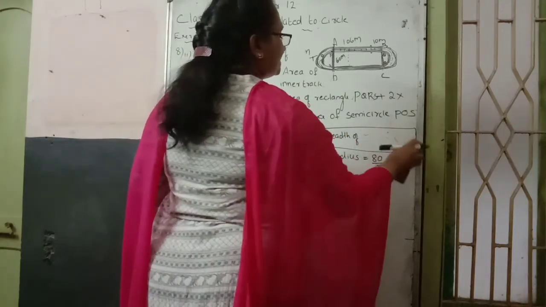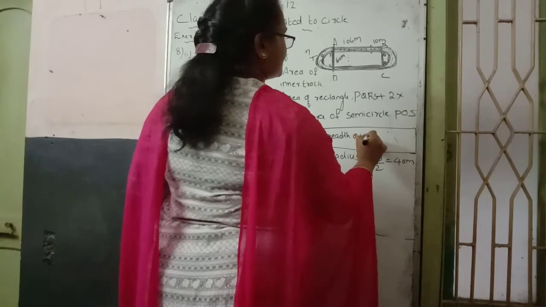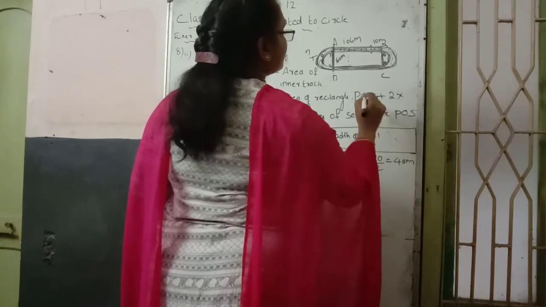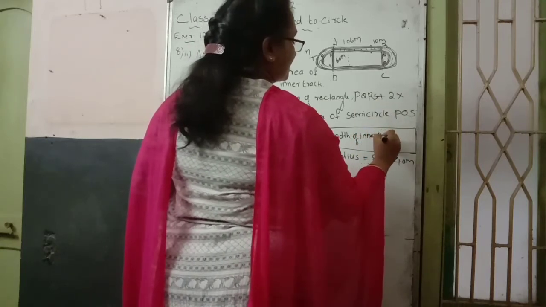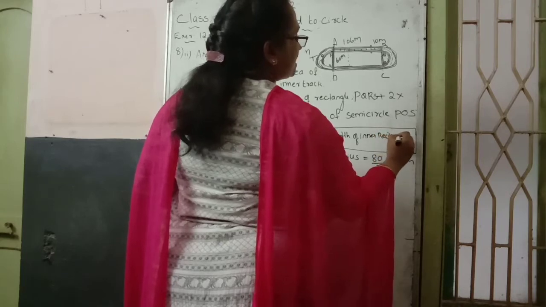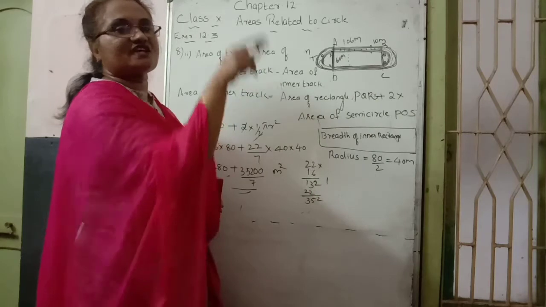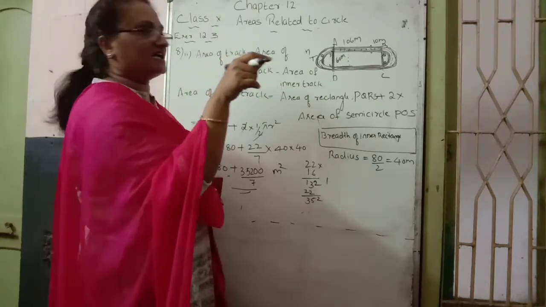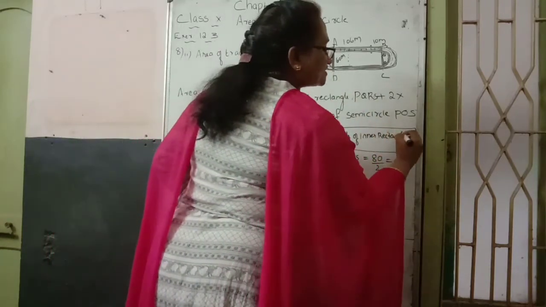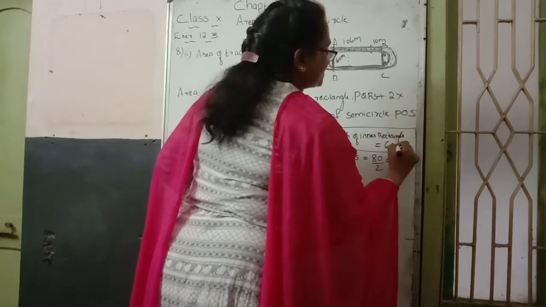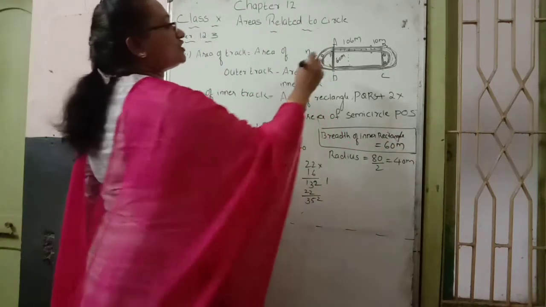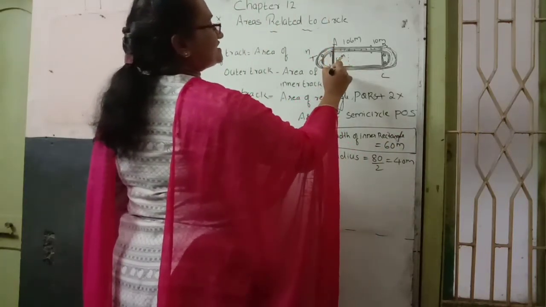The breadth of the inner rectangle is, from here to here, already given, equal to the distance between the parallels. How much did they give in the question? That is equal to 60 meter. So there also we can write 60 meter.